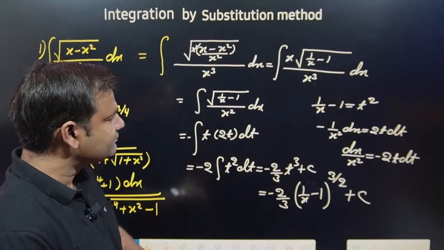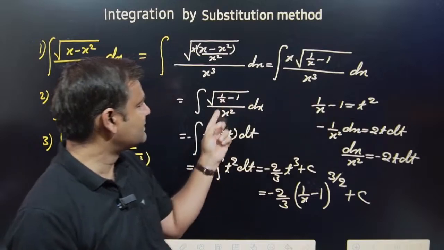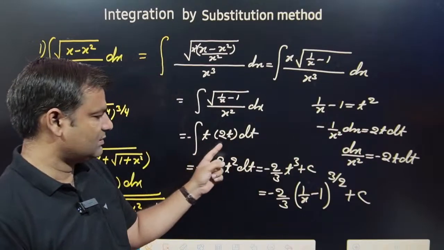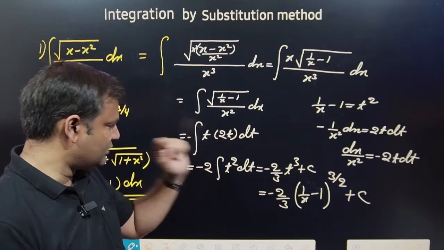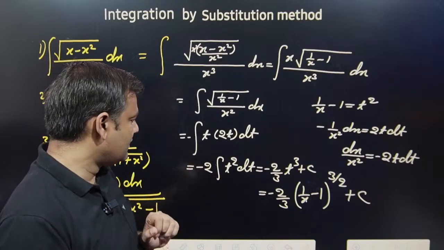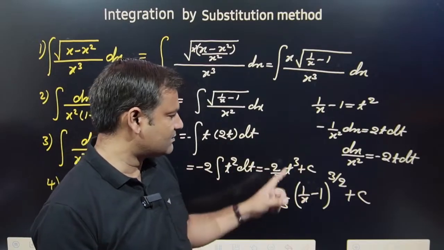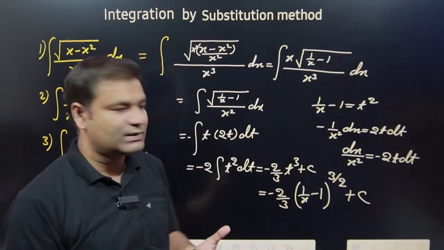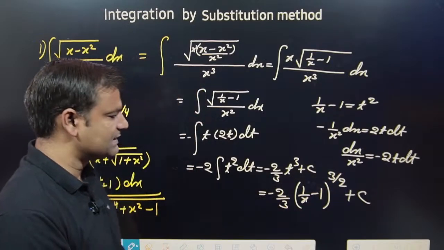After that, 1 by x square dx is replaced by minus 2t dt, and that one is replaced by t. Okay, so after that we integrate, we get it like that, and put t, which is equal to 1 by x minus 1 to the whole power 1 by 2. So here cube, so there 3 by 2 plus c is the right answer.